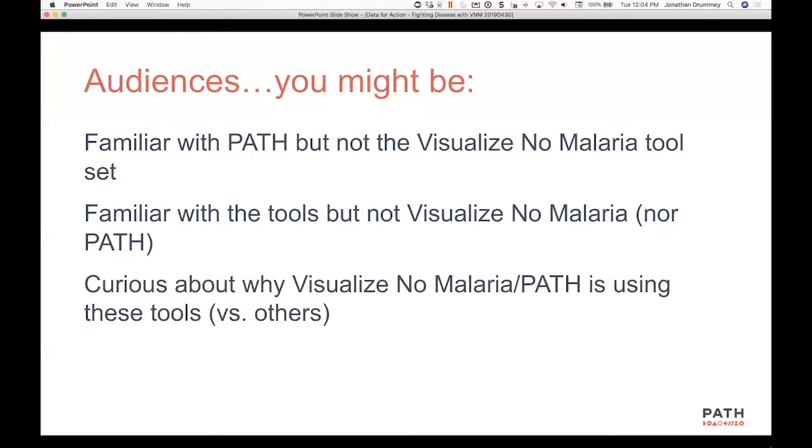Maybe you're curious about why we've chosen to use the different tools and methodologies that we have versus others, or maybe curious about all of the above. Hopefully we'll be able to address these different audiences. If you are not in one of those audiences and have other questions, please ask, and we're happy to answer and share what we know and also tell you what we don't know.